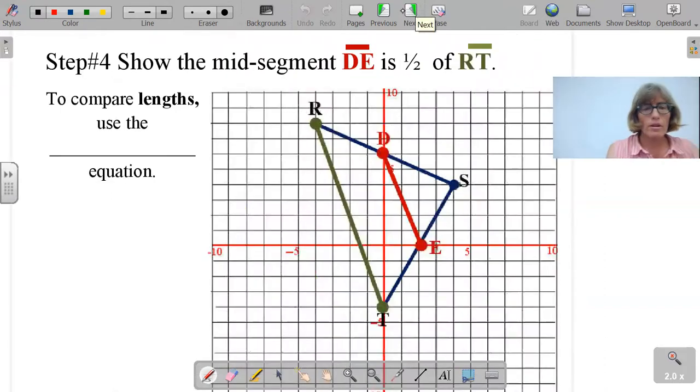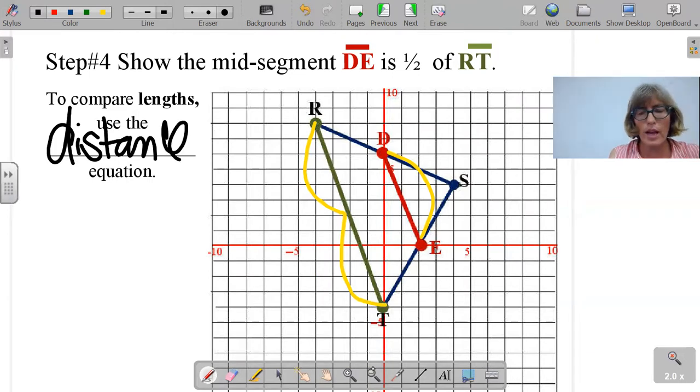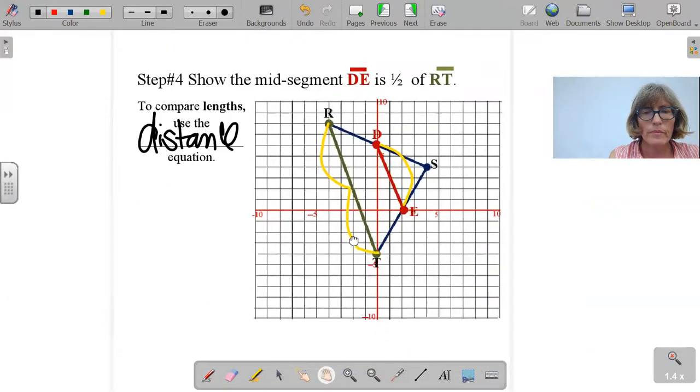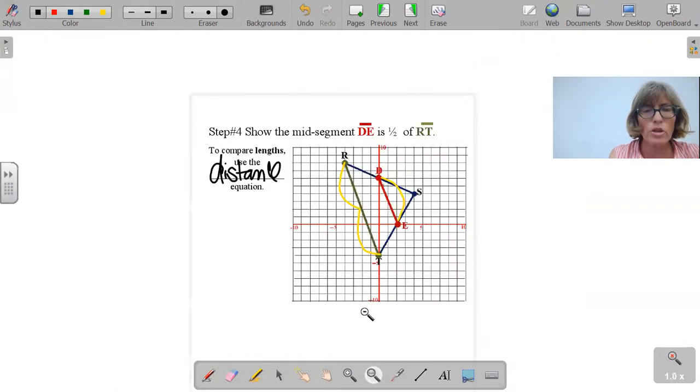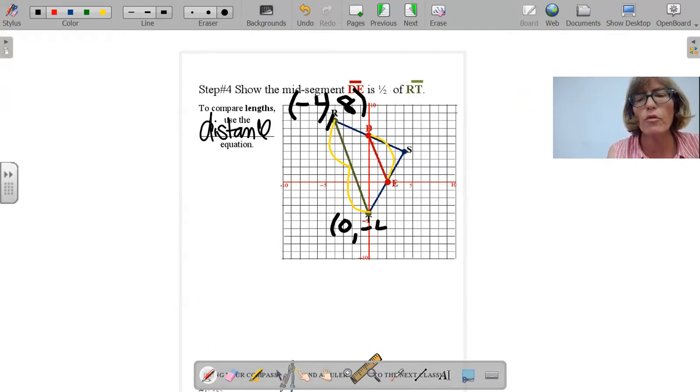And last one, we're going to prove that this is 1 bunny hop and 2 bunny hops mathematically. And we use the distance equation for that. Let's make sure I get my coordinates correct this time. R is sitting at -4, 8. T is at 0, -4. D is at 0, 6.